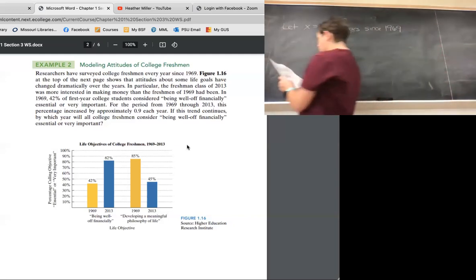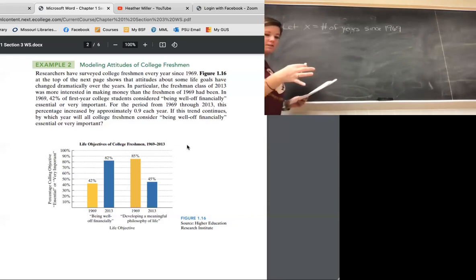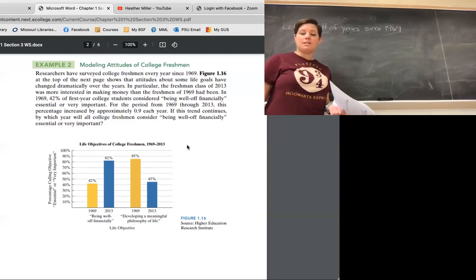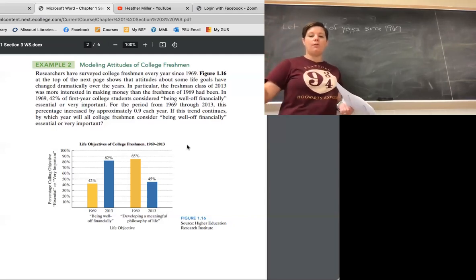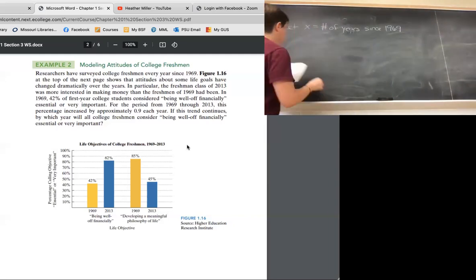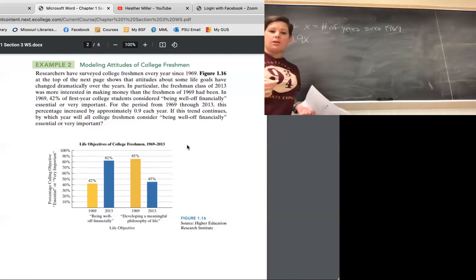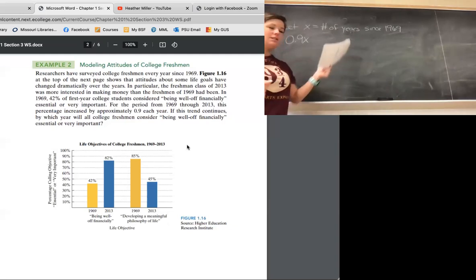We know that the percentage increases by 0.9 every single year since 1969. That's how many more freshmen believe that being financially well off is the most essential thing. So that means we have 0.9x. It's going up every single year. Okay? But then what was our original starting point? What was the original percentage in 1969?